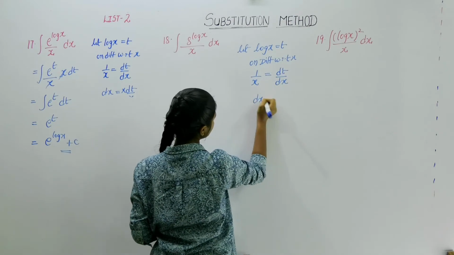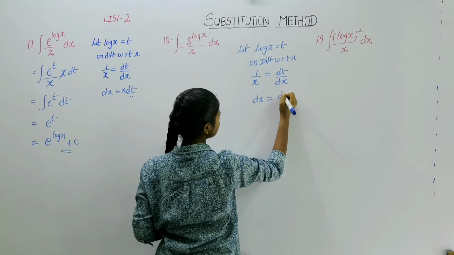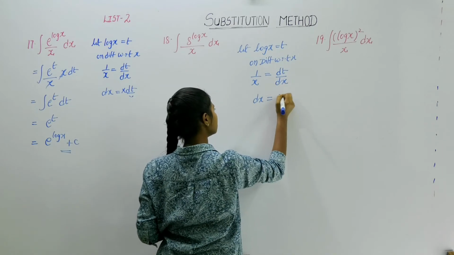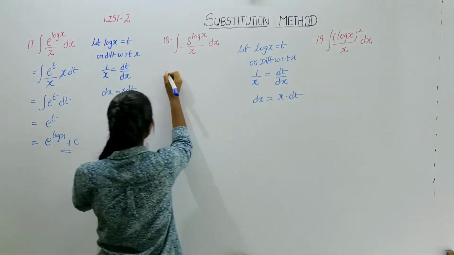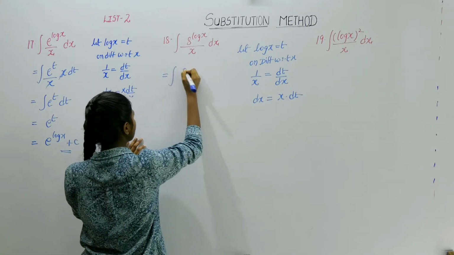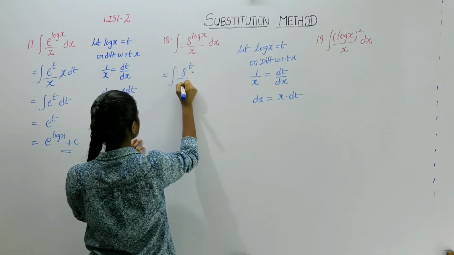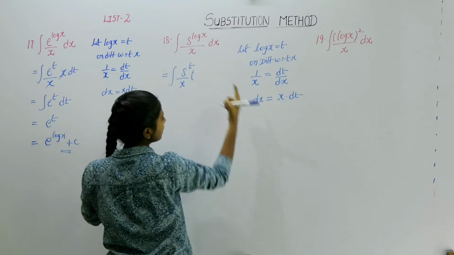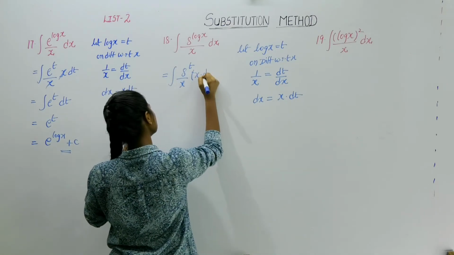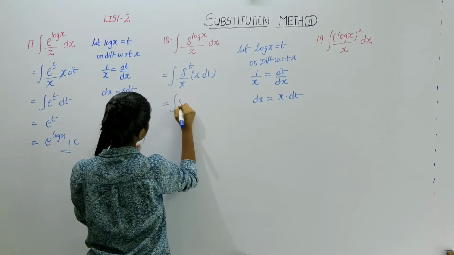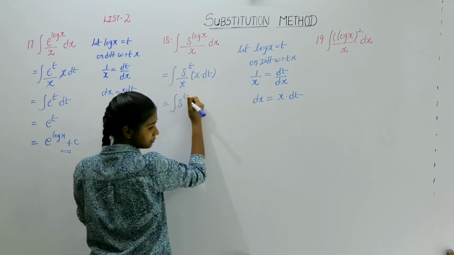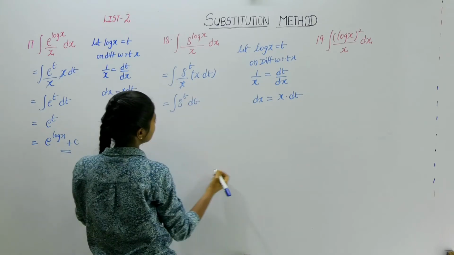We can write dx as x into dt. Now when we substitute, we get 8 to the power of t by x into, in the place of dx, x into dt. This x gets cancelled and we have integral 8 power t dt.